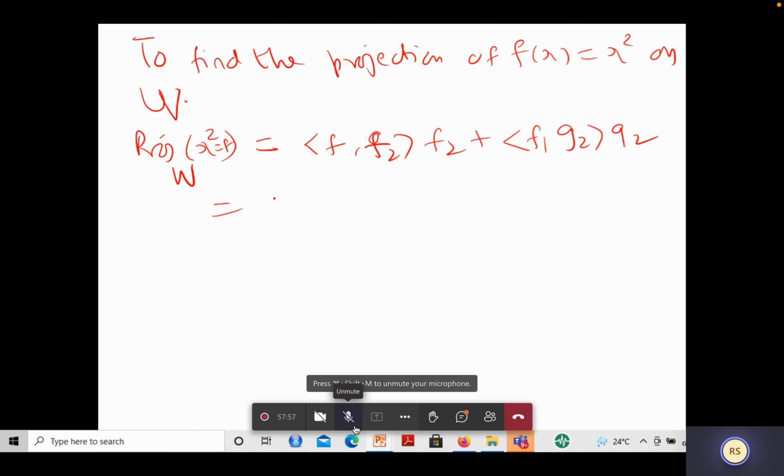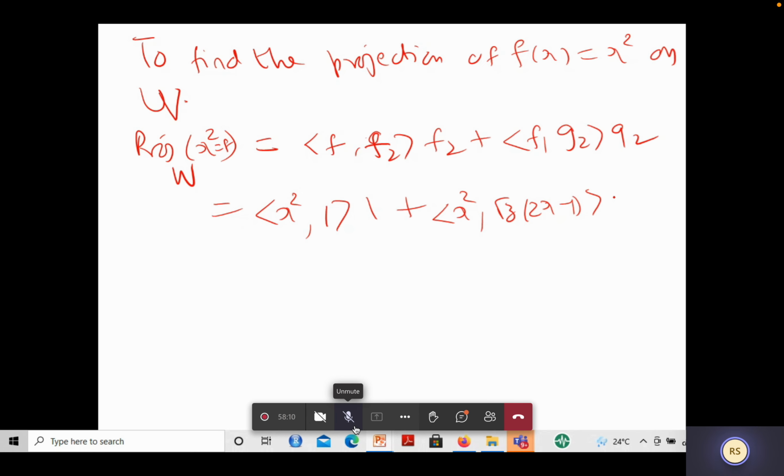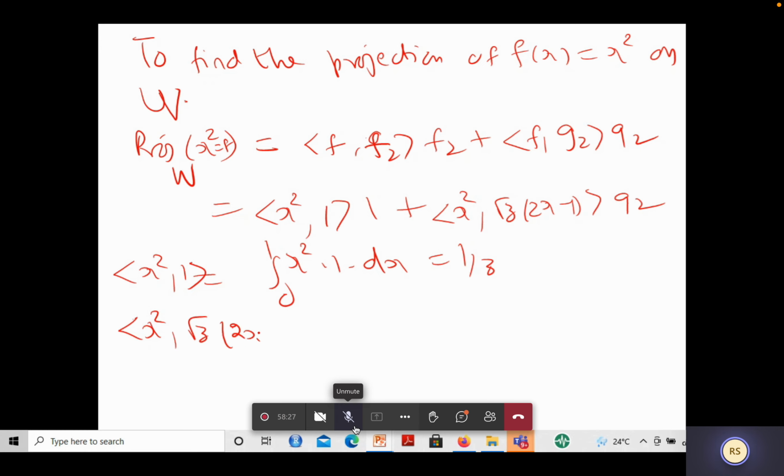What is f? x square with F2. F2 is 1, into 1, plus x square with G2, where G2 is root 3 into 2x minus 1, again into G2. So what is the inner product of x square comma 1? It is the integral from 0 to 1 of x square into 1 dx, so it is 1 by 3. What is the inner product of x square comma root 3 into 2x minus 1?